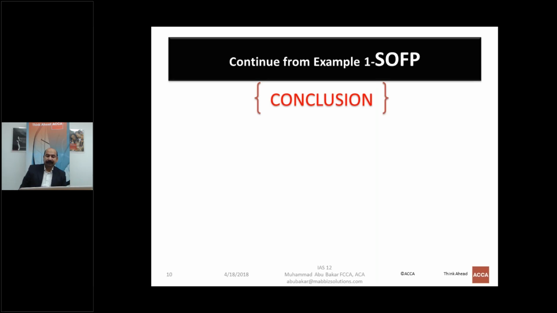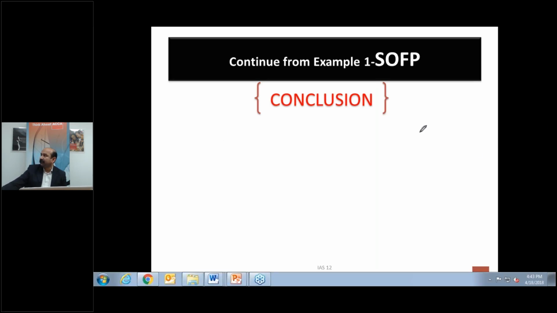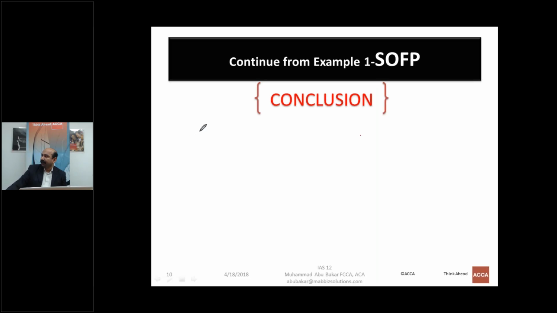For the year, deferred tax is the difference between closing and opening, assuming there is no other adjustment. Another important thing we learned is about when the carrying value is higher than the tax base.